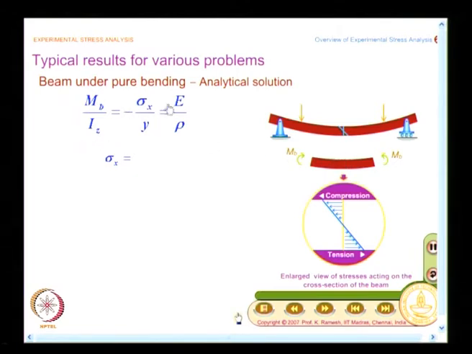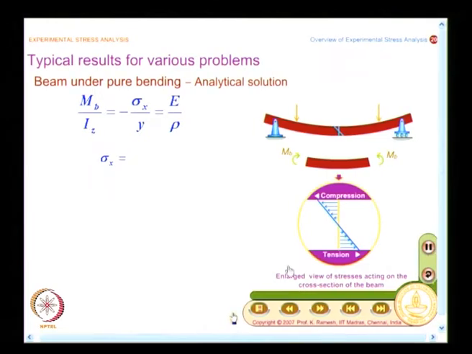And once you have this, it is easy to find out what is the value of the stress component. You can directly write it, it is child's play. Please write down that expression, and this turns out to be minus M_b y by I_zz. And what do you get here? You get, as a function of y, sigma x changes linearly, and you also find that sigma x is not a function of x.